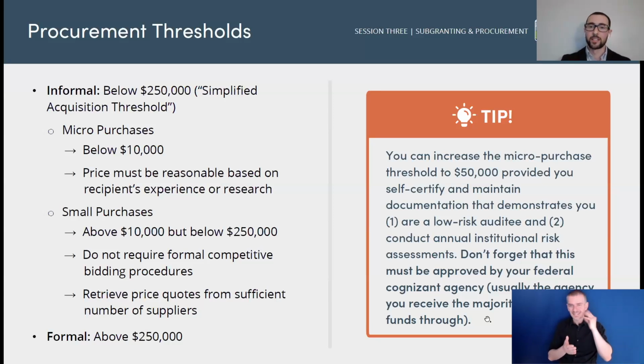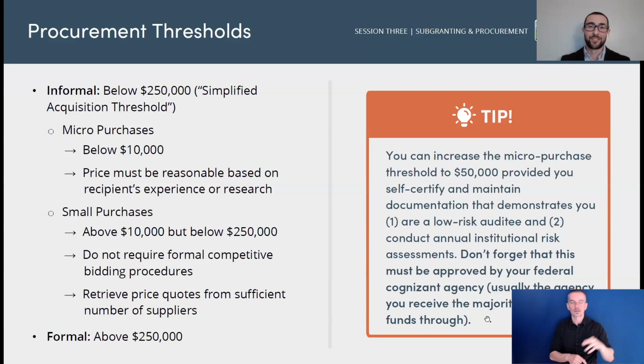You don't really need to provide much justification, but anything above that $10,000 is known as a small purchase, and that's not going to require formal competitive bidding procedures, right? But you're going to need to retrieve price quotes from a sufficient number of suppliers. And what is sufficient?